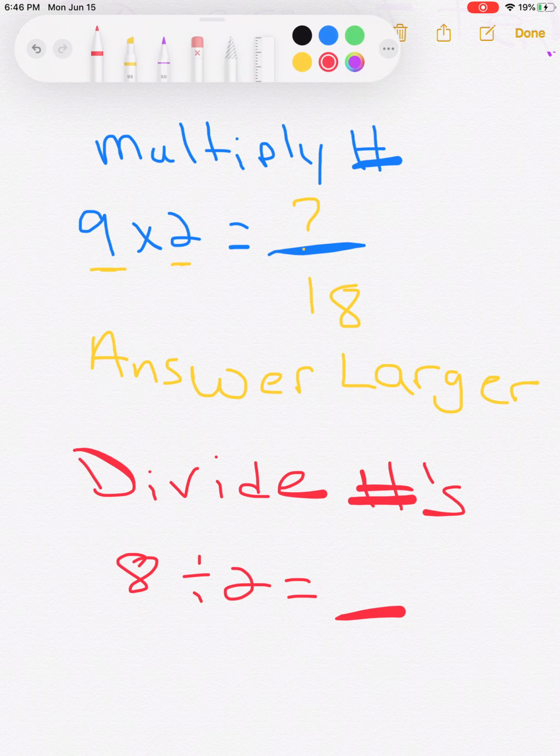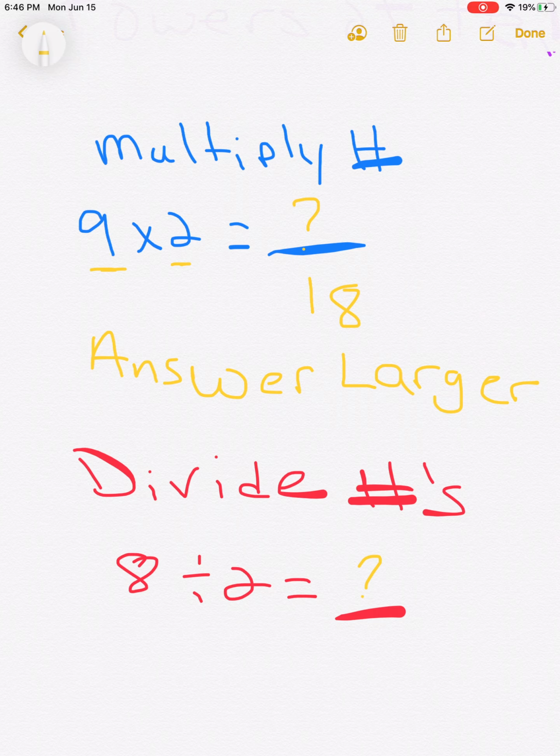Will that answer be larger than 8 or 2, or smaller? What is 8 divided by 2? 4. Very good. 4 is smaller than 8. It doesn't have to be smaller than both, but it should be smaller than at least one. So this is the concept I want you to remember: when you divide, the answer gets smaller.